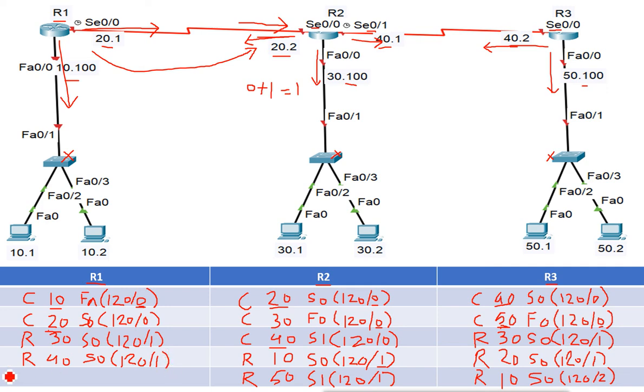Then it knows about network 50. I know network 50 from serial interface 0. The AD value is the same, 120. Now for 50, router 2 is sending 1 here, so it adds 1 into it and it becomes 2 here.